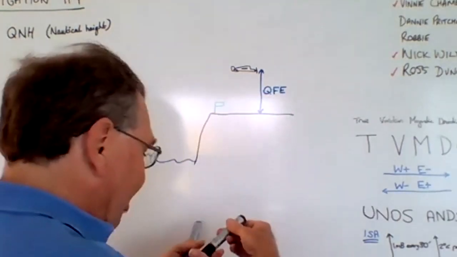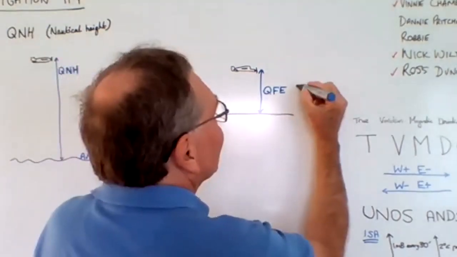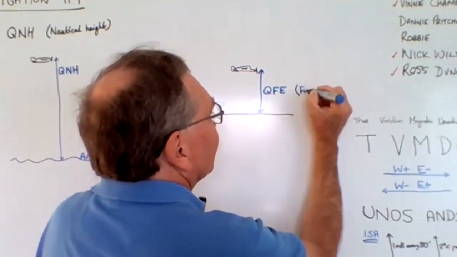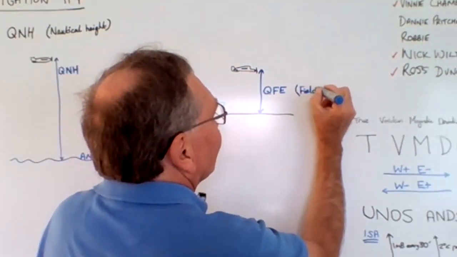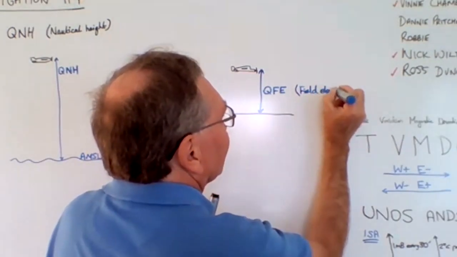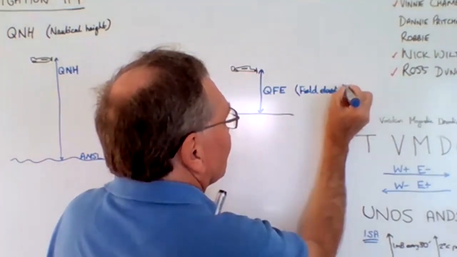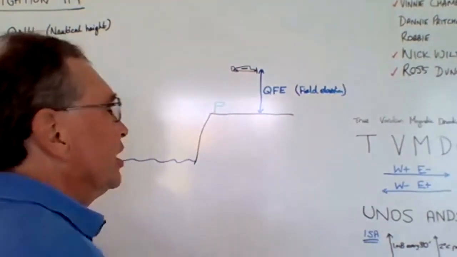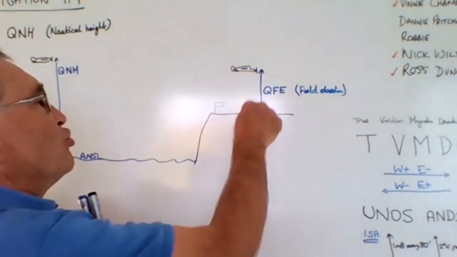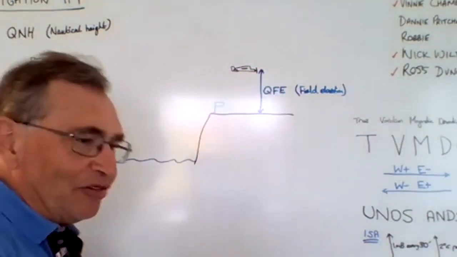QFE stands for field elevation. In other words, the altimeter is reading how high we are above the ground.